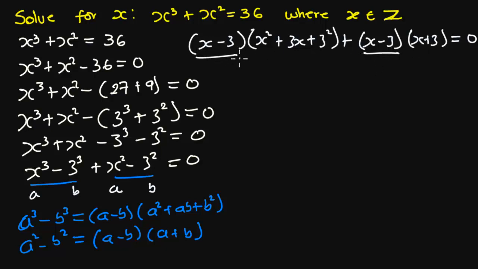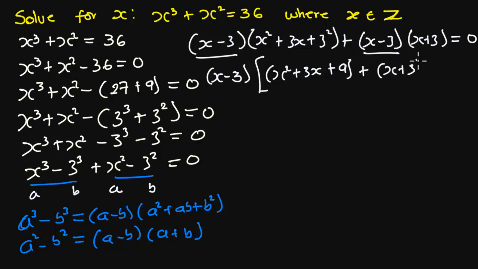And from the two terms, we have x minus 3 in common. So we are going to factorize that one out. So we are going to have x minus 3 out. So we are going to be left with x squared plus 3x plus, and then 3 squared over here gives 9 plus, and then here we are going to be left with x plus 3. So this will be equal to 0.